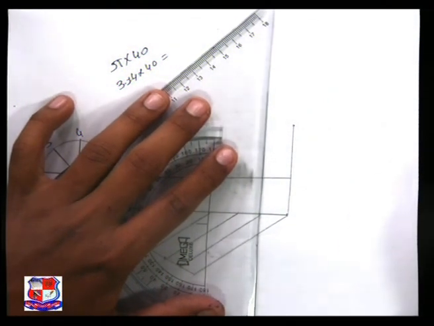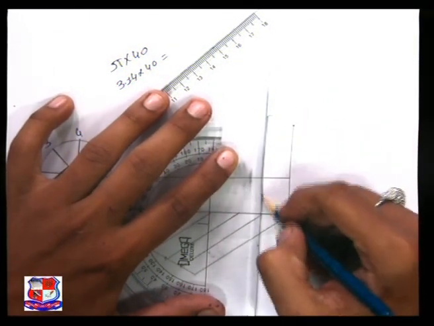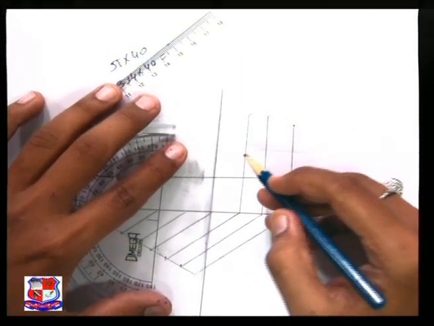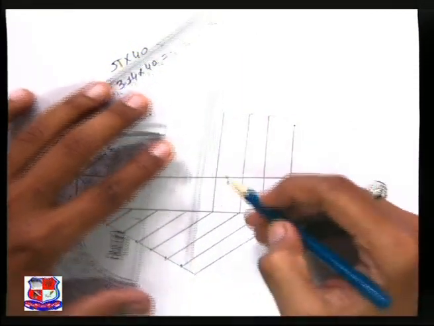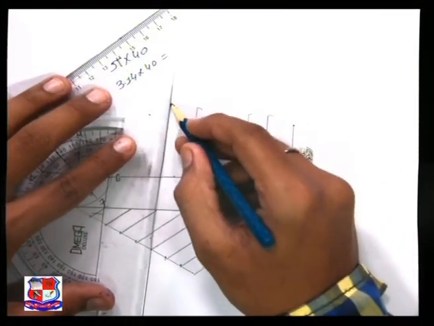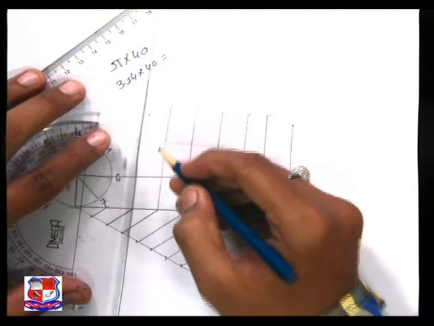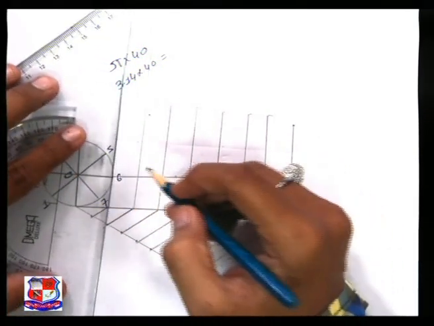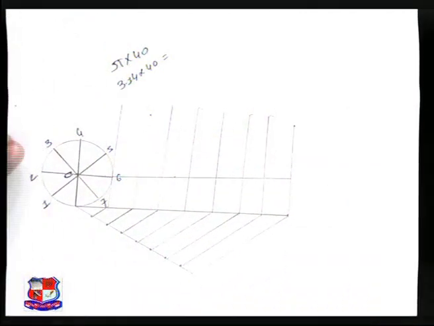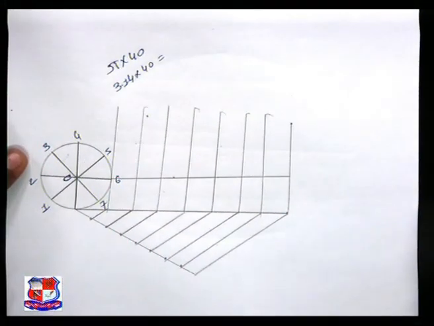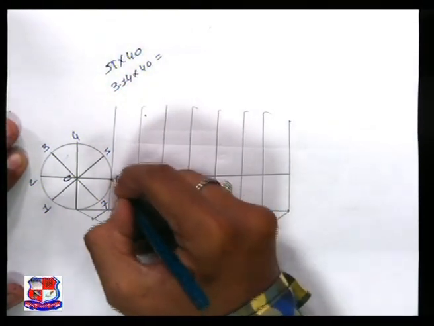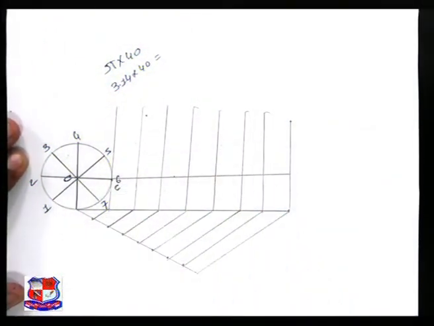Take its projection on the upward side. Where it intersects with the center line through C, we will name the points C1 to C8.